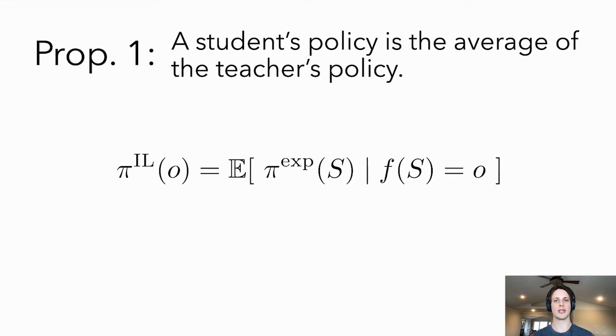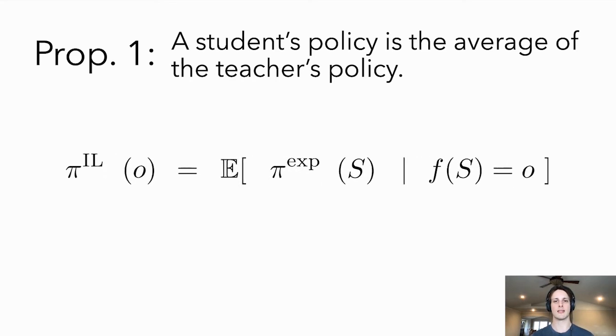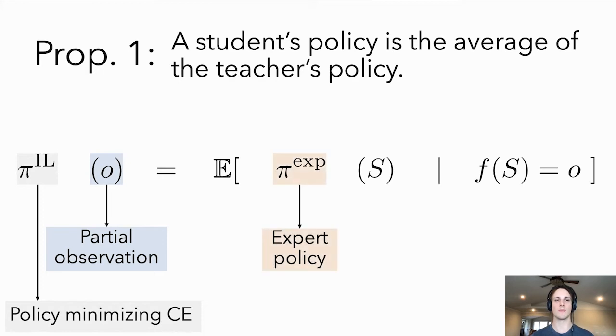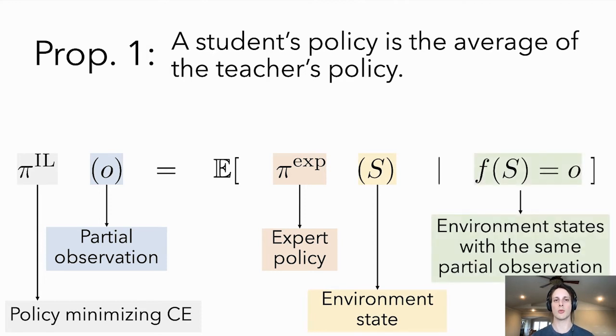To get some intuition, let's decompose this equation. We have that the student policy minimizing the cross-entropy loss evaluated at a partial observation equals the average of the expert policy evaluated over all environment states which correspond to the same partial observation.